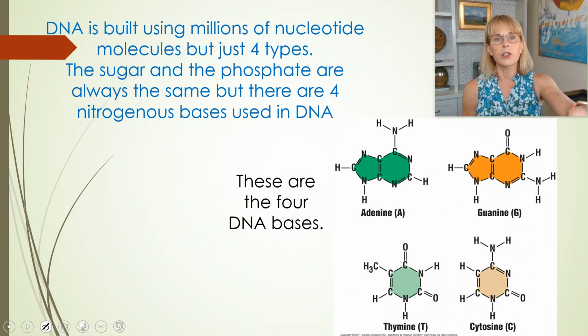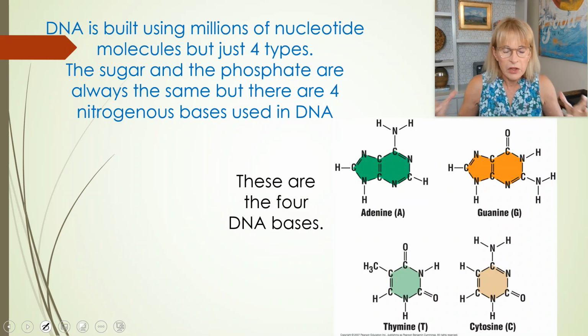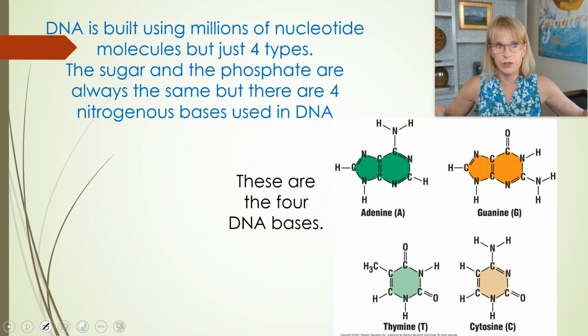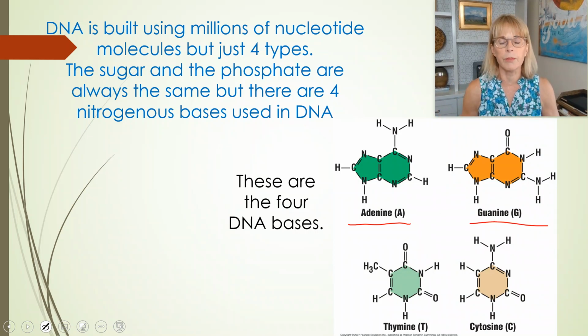DNA is built using millions of nucleotide molecules, like millions of them, right? But I can separate out all of those millions into just 4 types. And there will be nucleotides that have adenine as their base, nucleotides that have guanine as their base, nucleotides that have thymine as their base, and nucleotides that have cytosine as their base.